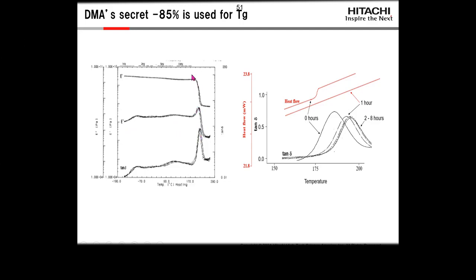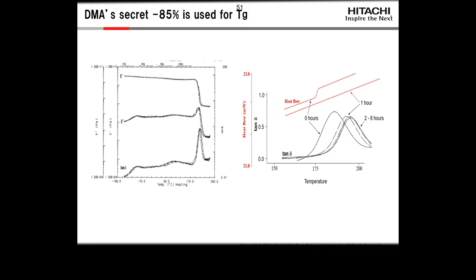And all three of these have been used in various industries as indicators of the glass transition. If you notice, they don't line up exactly right. And that was one of the reasons why it's important to remember that the glass transition is a region of behavior. It is not a specific temperature.